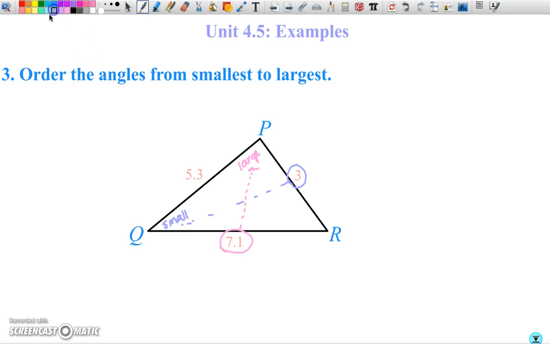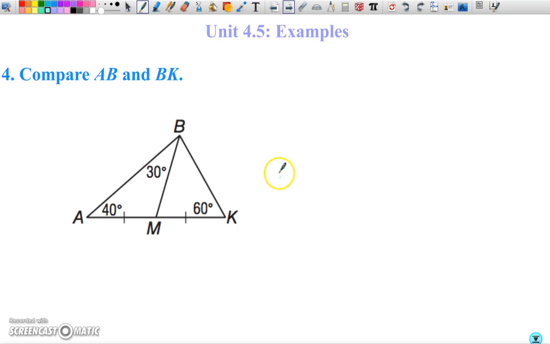And that would make this one your medium angle, your in-between. So if we're going from smallest, this time we're starting with the smallest angle, we're going to say angle Q comes first, and then from angle Q we're going to go to angle R, and then we're going to go to angle P, and that would be smallest to largest.